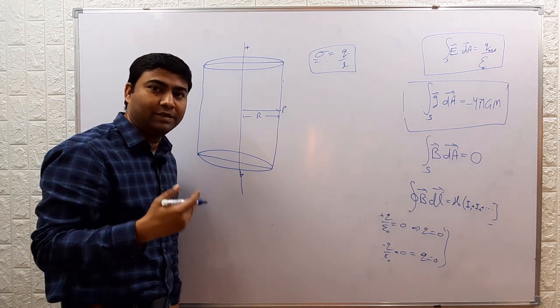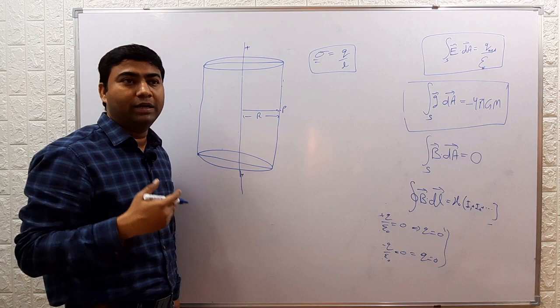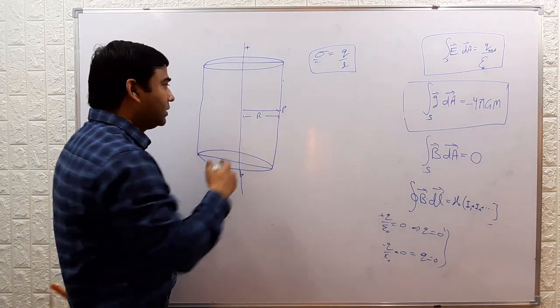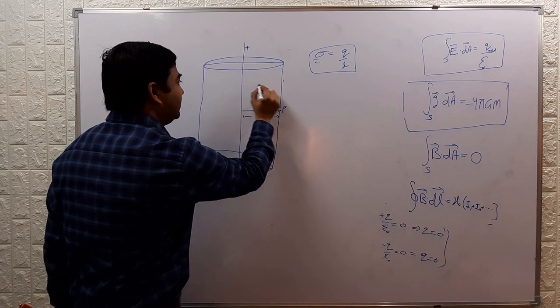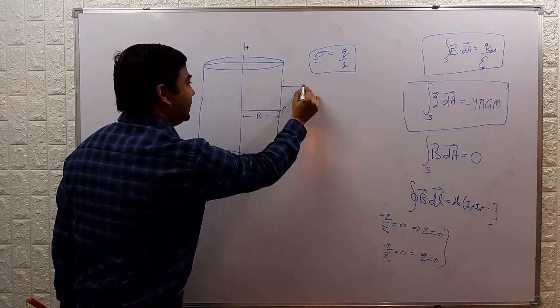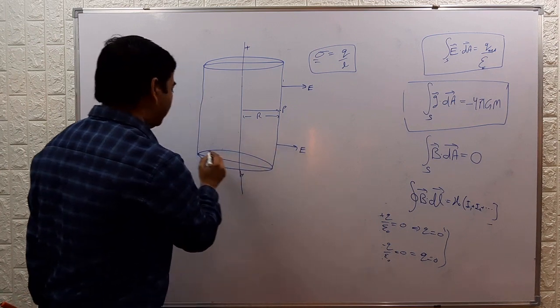And the electric field direction, since the wire is positively charged, will be away from the wire at all points.